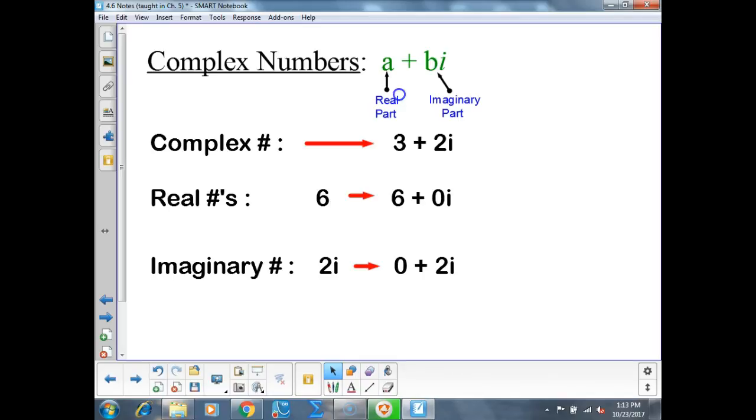A complex number would be like 3 plus 2i. A real number like 6 would be written as 6 plus 0i if we had to write it in complex form. An imaginary number like 2i would be written as 0 plus 2i in complex form.